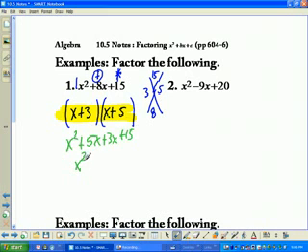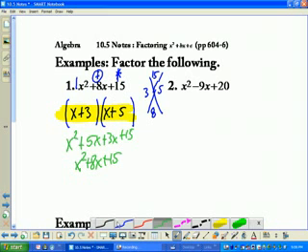And notice 5x plus 3x is 8x. And there's my answer, x squared plus 8x plus 15. Now remember, don't write x squared plus 8x plus 15 as your answer. That's your problem. Your solution in factored form was x plus 3, x plus 5.